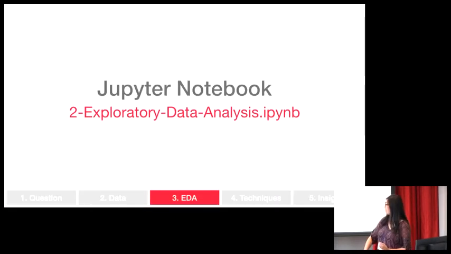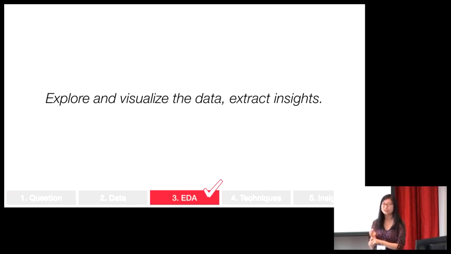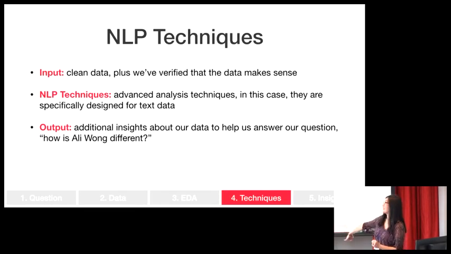We have now completed the EDA step where we've explored and visualized the data, and we've gotten a couple of interesting findings from it as well. This next part, the second to last part, is the most interesting part. This is looking at all of the NLP techniques.